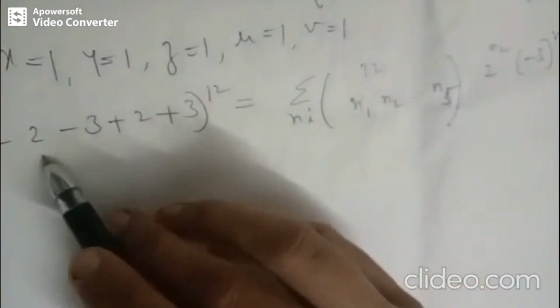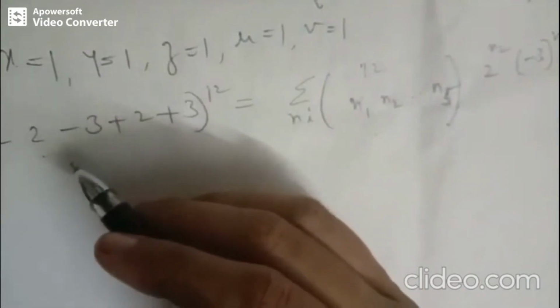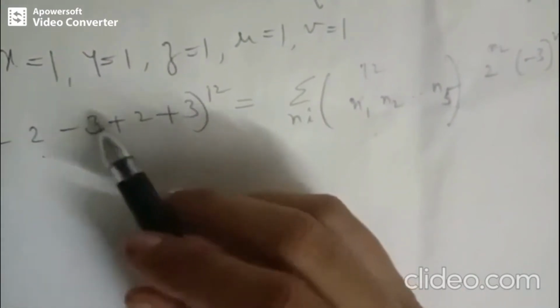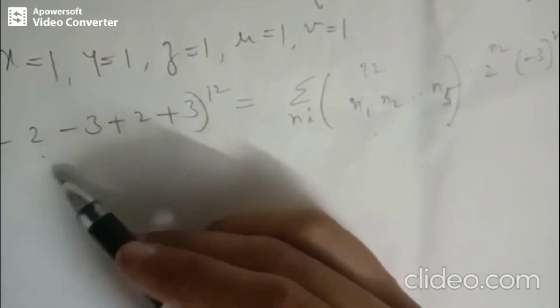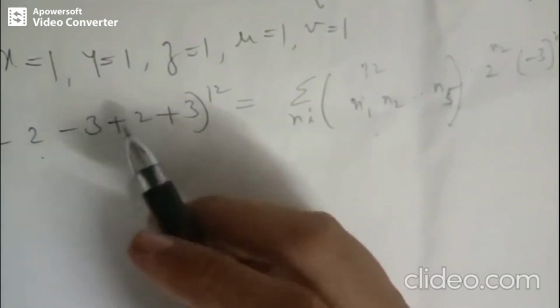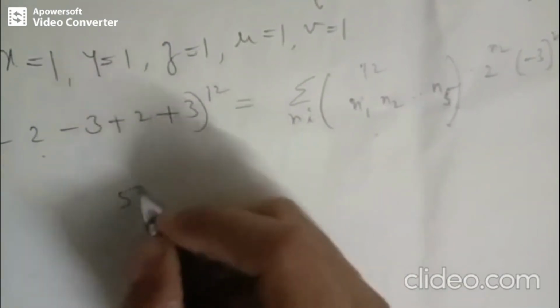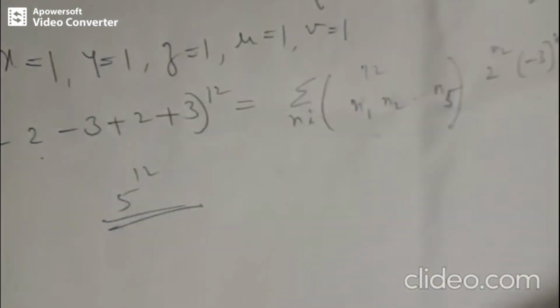So directly we are writing it like this. We are supposed to find out the sum of the coefficients, which is given by this term. So what exactly is the value of this term? It is 1 plus 2, which is 3, minus 3, plus 2 plus 3, which is nothing but totally the sum of the coefficients is 5 raised to 12.